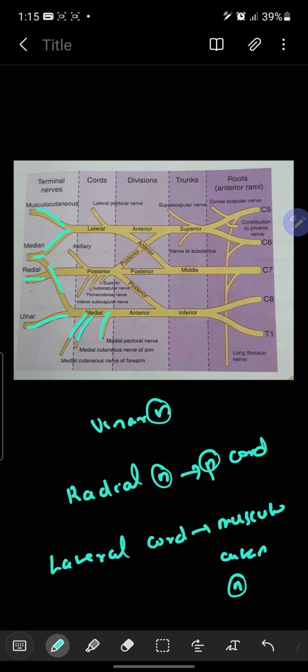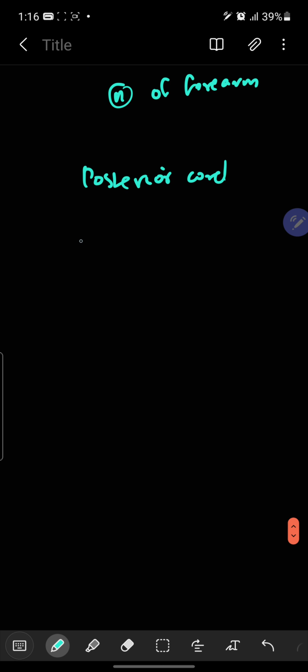Now from the lateral cord, you are having the lateral pectoral nerve. It is piercing the clavipectoral fascia. From the posterior cord, you are having the axillary nerve, superior.